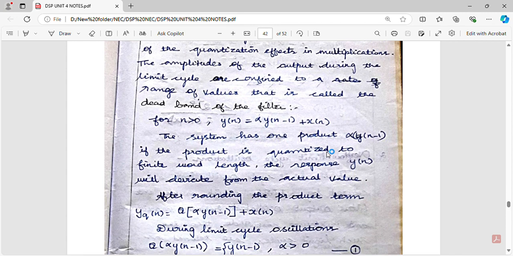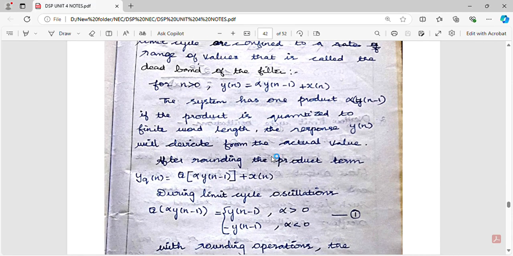For the dead band of the filter, we have considered the IIR system equation, the first order expression y of n is equal to alpha into y of n minus 1 plus x of n. In that, the system has one product term, alpha into y of n minus 1, where alpha is any constant value.